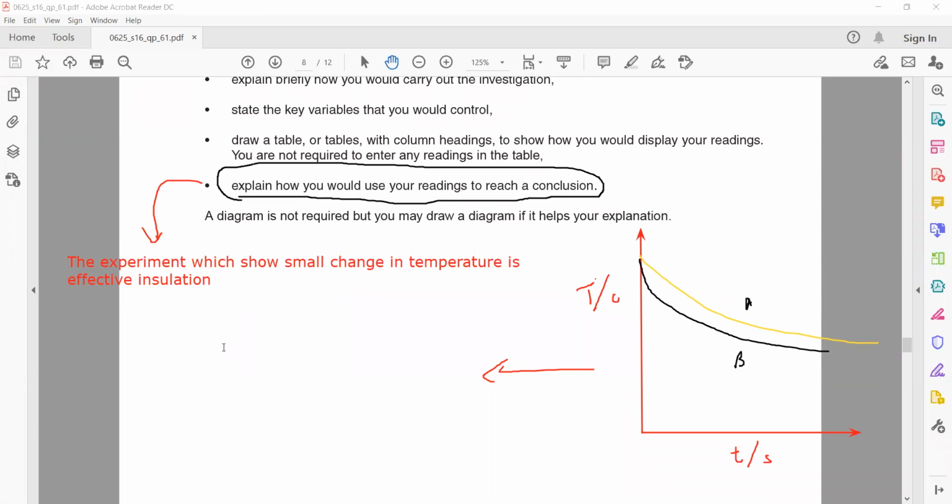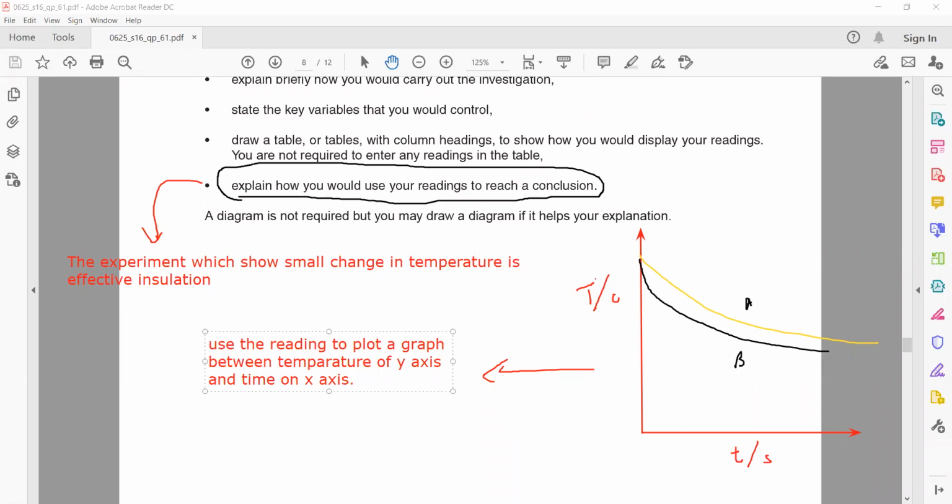So the other way of answering this, you will use the reading to plot a graph between temperature, and you should mention what you're plotting on x-axis and what you're plotting on y-axis. Temperature on y-axis and time on x-axis. So use the reading to plot a graph between temperature on y-axis and time on x-axis.